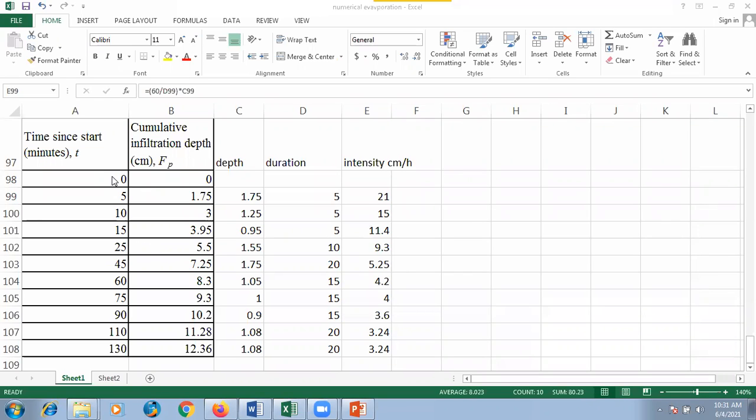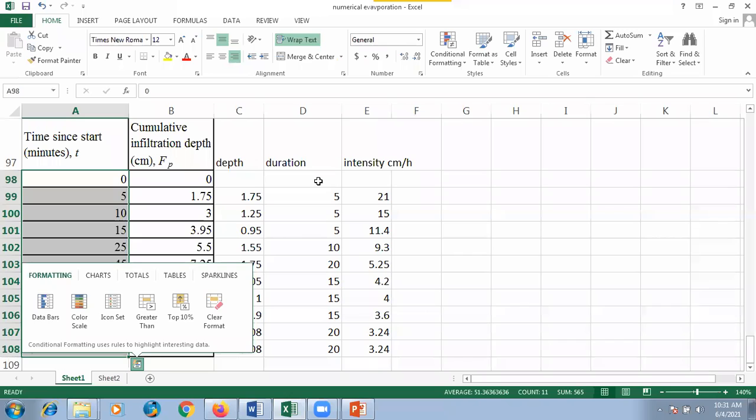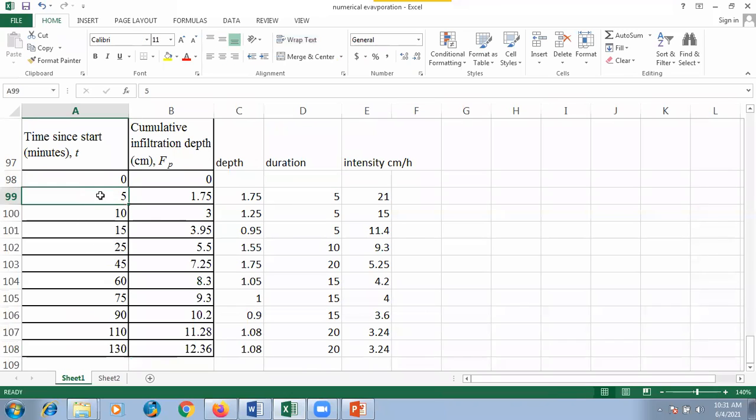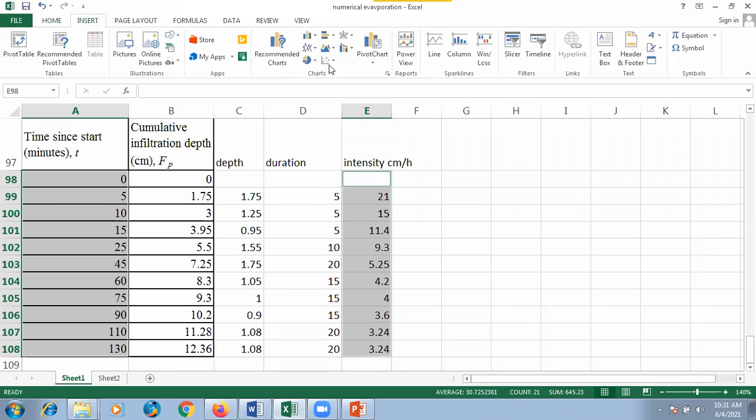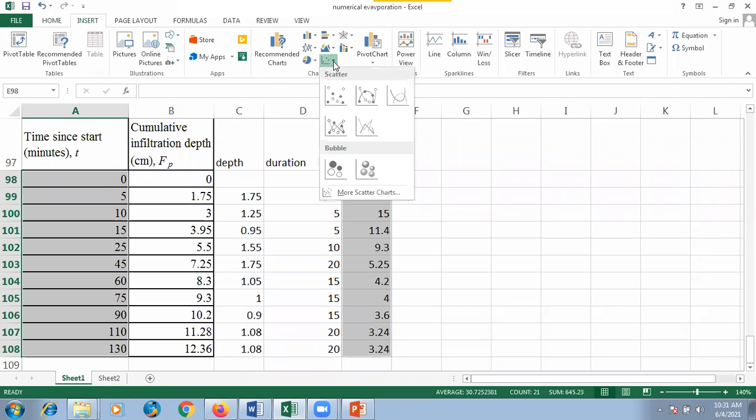In exam, you may have to use graph sheet for the purpose. So here, let me just show it to you. Time t, from 0. Then the intensity here. So go to chart, scatter graph.